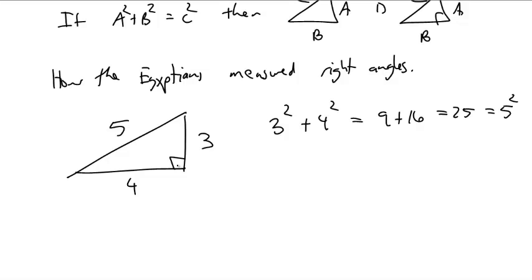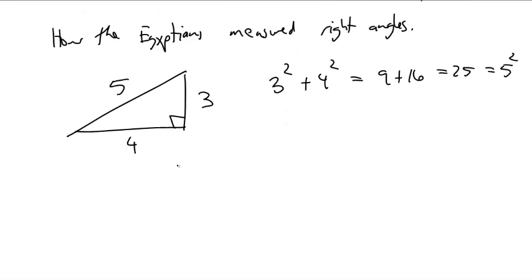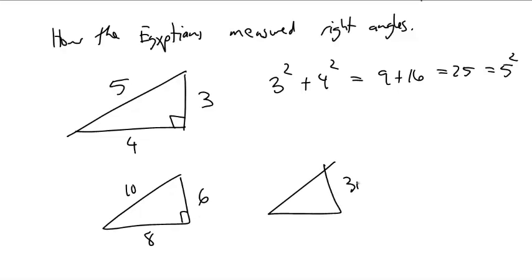And I will tell you, if you see a right triangle on an SAT question or a GRE question or any sort of standardized test, pretty much 9 out of 9 times it's a 3, 4, 5 triangle. Maybe it's a 6, 8, 10 triangle. Maybe it's a 30, 40, 50 triangle.